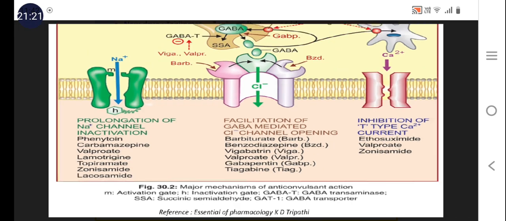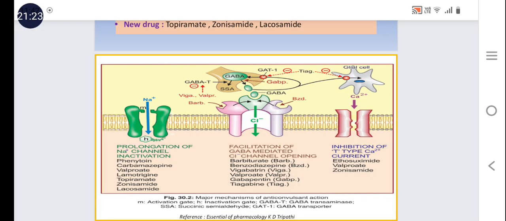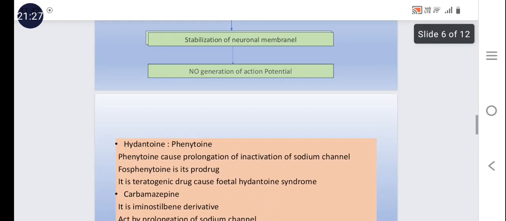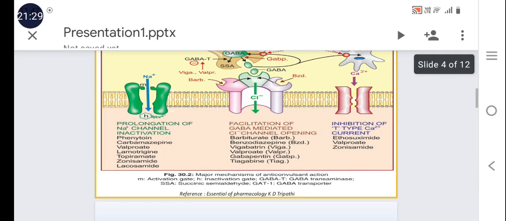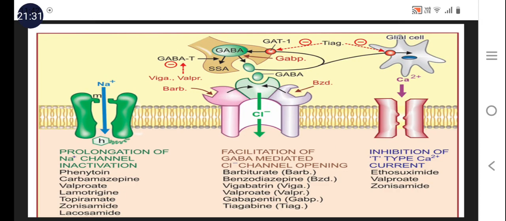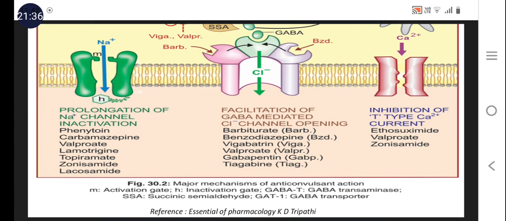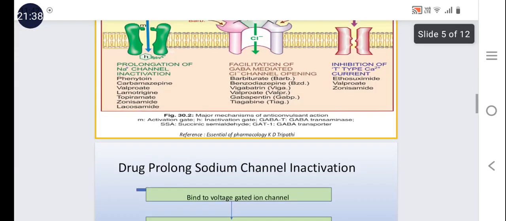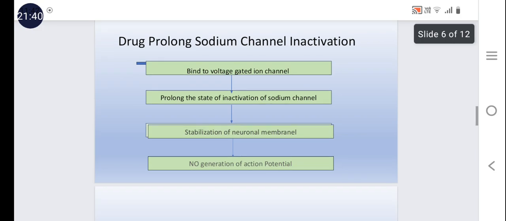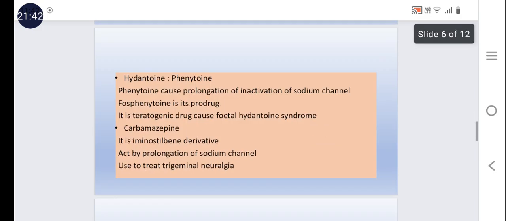So these are the three main mechanisms of action of anti-epileptic drugs, and their names are also given: phenytoin, carbamazepine, lamotrigine, topiramate, zonisamide, lacosamide. So this is about the drugs that prolong sodium channel inactivation.